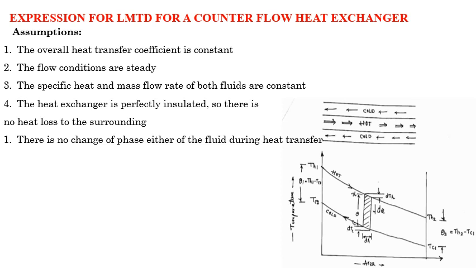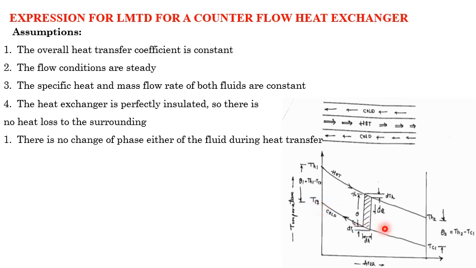But here, looking at the figure, you can make out the temperature profile for this counterflow heat exchanger. TH1 represents the inlet temperature of the hot fluid, and TH2 is the outlet temperature of the hot fluid, whereas TC1 is the inlet temperature of the cold fluid at the other end, and TC2 is the outlet temperature of the cold fluid.